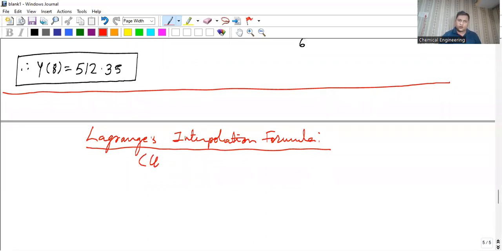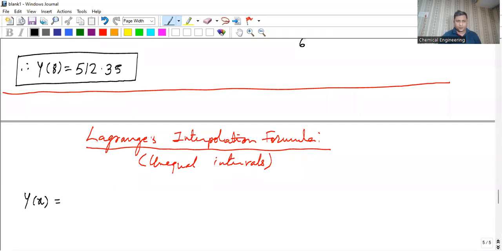Basically, this is for unequal intervals, when data is not equally spaced, and we want to find the value of y at any x. This x will be given.